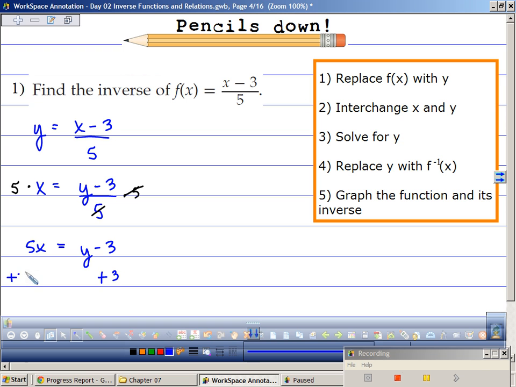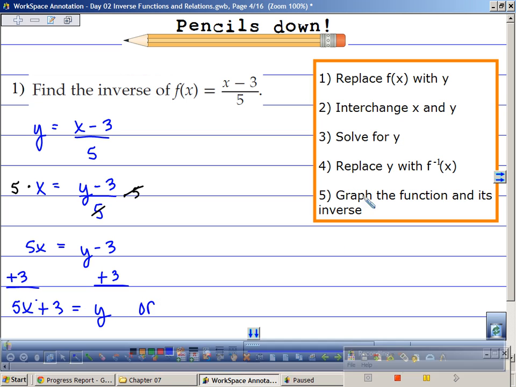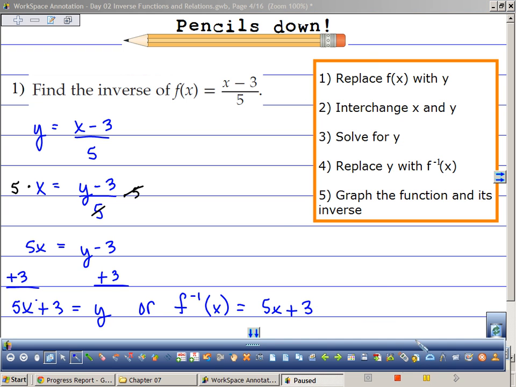I'm going to add 3 to both sides, and I get 5x plus 3 equals y. Put into function notation, I just found the inverse function of x, which is equal to 5x plus 3. Questions?